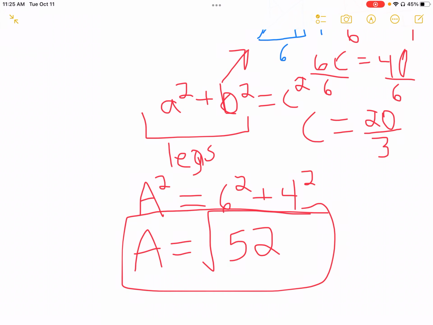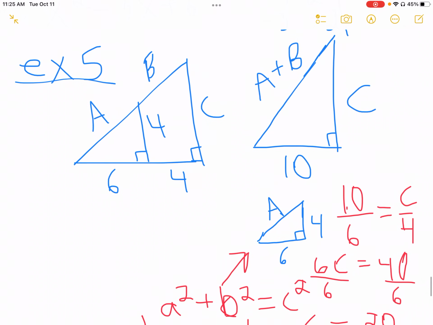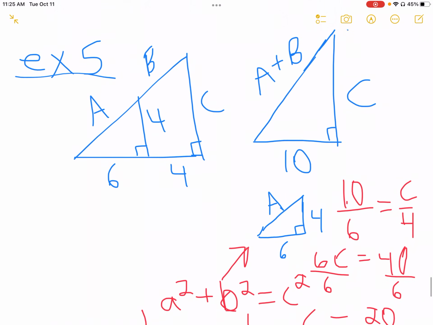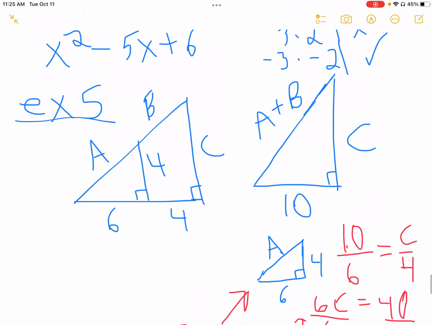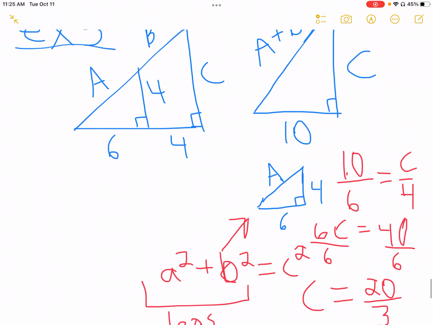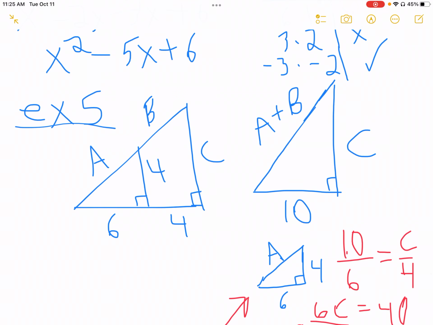Now I can go back up here and I say, okay, then what is my value over here? Well, I found my a, but in order to find my a plus b, I don't really need to use my a anymore because I found c, right? So c is my 20 over 3. So if I want to find a plus b, why don't we just call it h for now, okay?